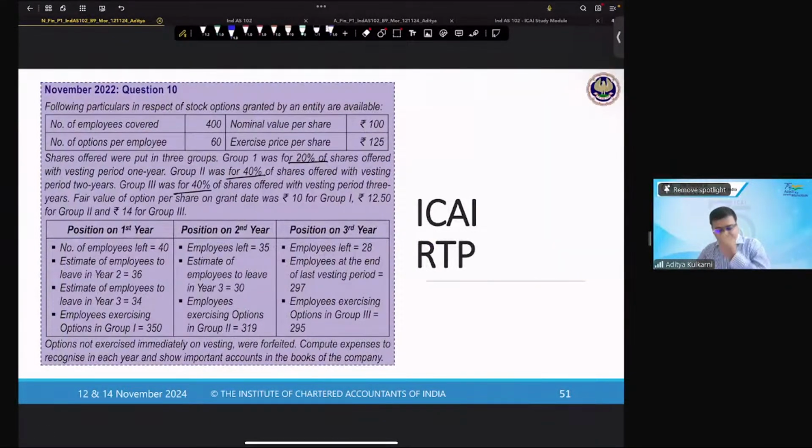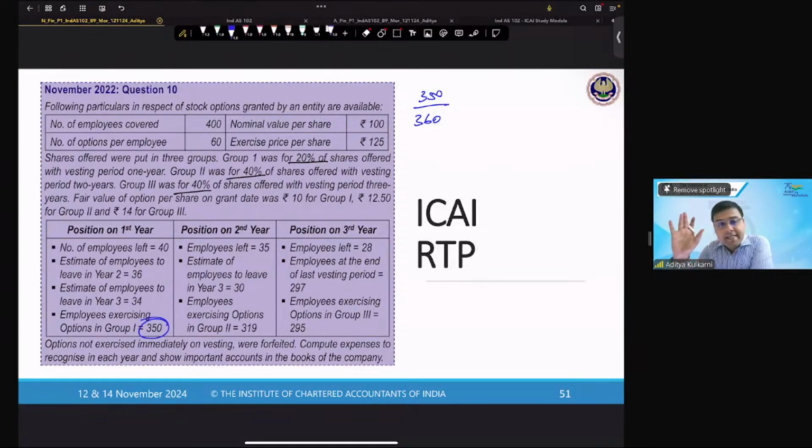Tell me, year 1, group 1, how many employees have exercised the option? 350, sir. 350 employees have exercised the option. Out of how many employees? 360. Is everybody clear about 350 and 360? Yes, sir.